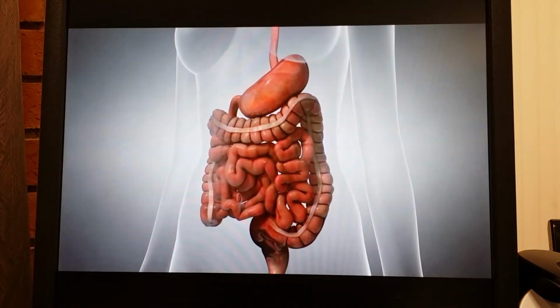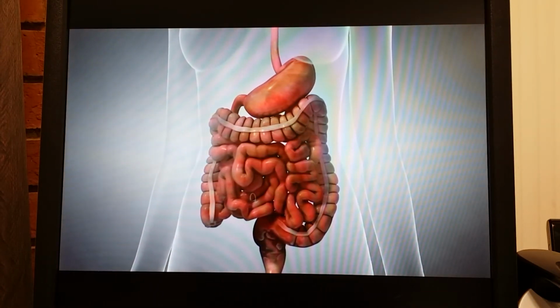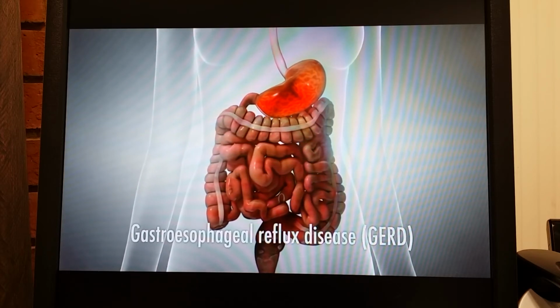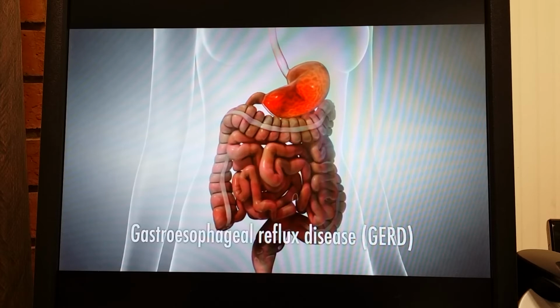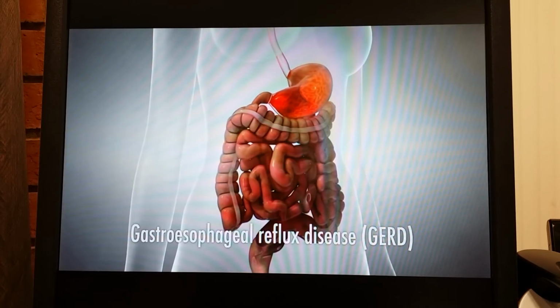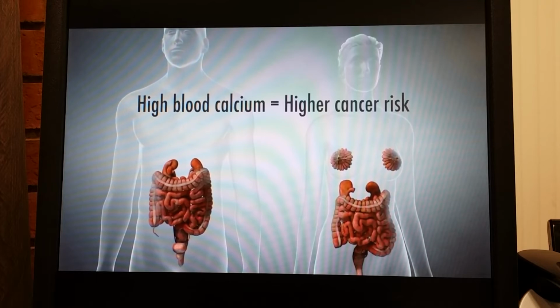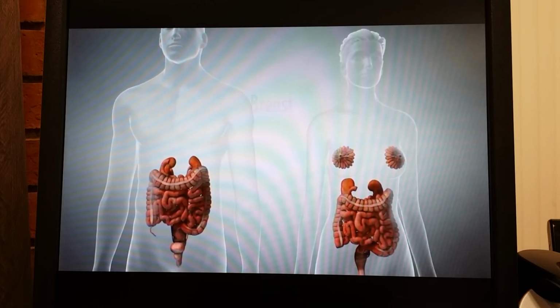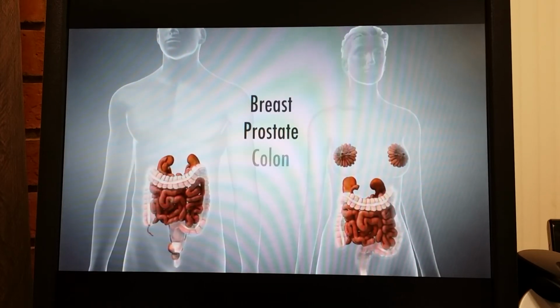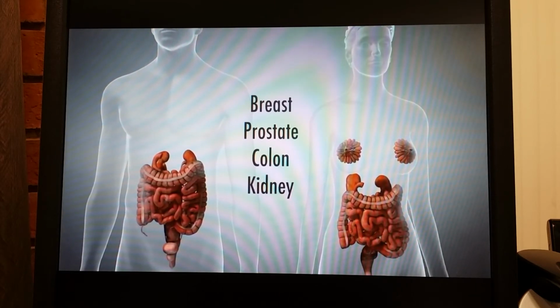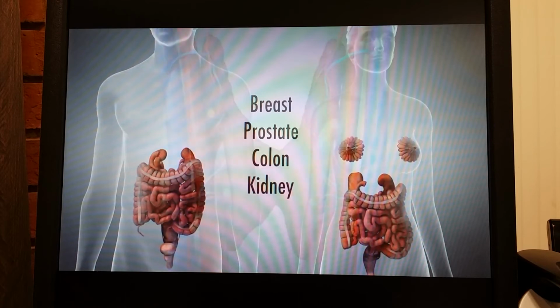High calcium levels have an effect on the stomach and intestines, often causing gastroesophageal reflux disease, also known as GERD, and abdominal discomfort. High blood calcium is even associated with higher risks of several cancers, including breast, prostate, colon, and kidney, some of which are more than twice as common in patients with high blood calcium.